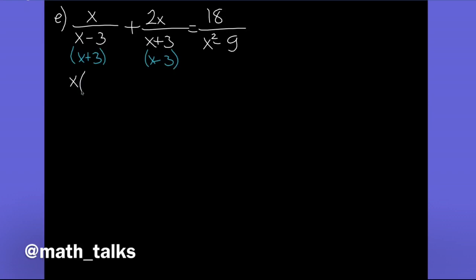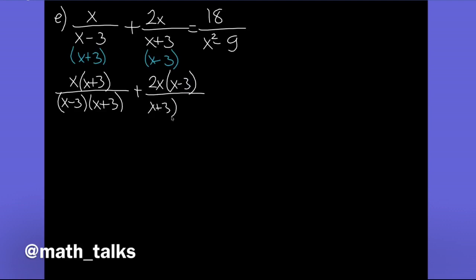It will be x multiplied by x plus 3 over x minus 3 multiplied by x plus 3, plus 2x multiplied by x minus 3 over x plus 3 multiplied by x minus 3. We didn't touch the right side, so it will still be the same.